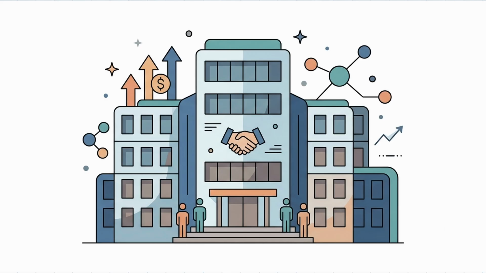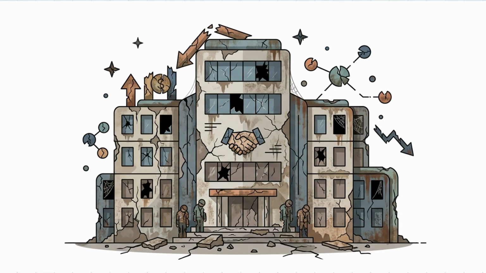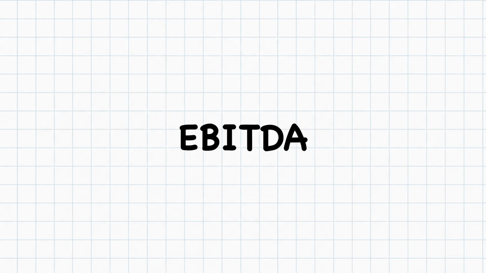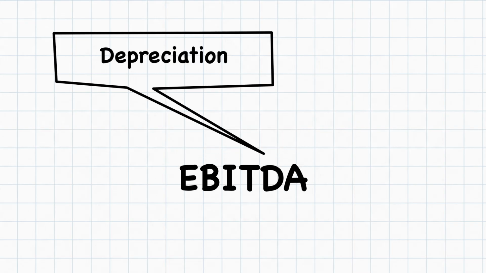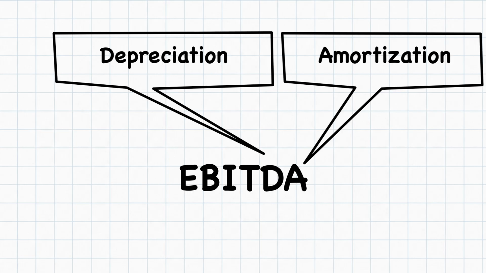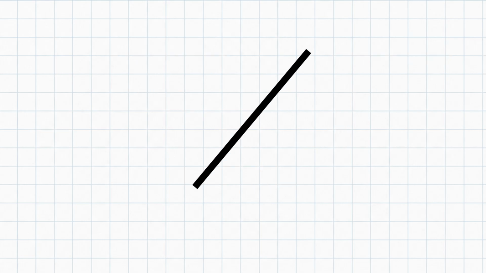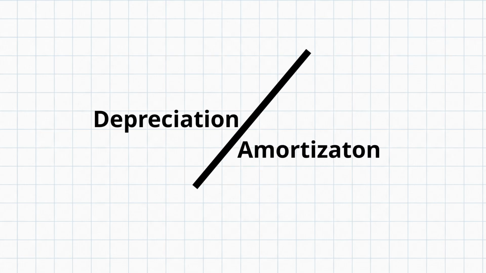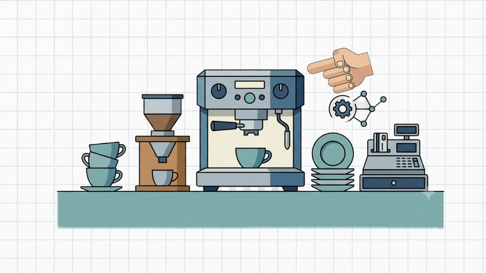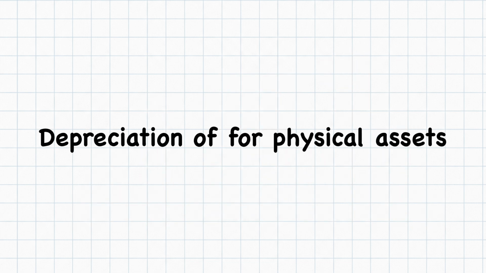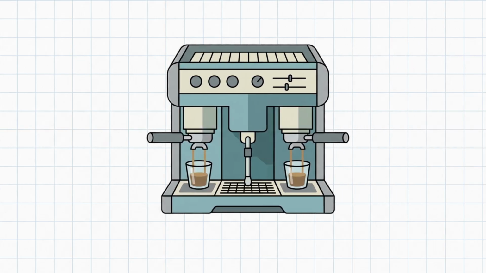But we aren't done. While EBITDA is great, it ignores the fact that your assets are slowly losing their value over time. This brings us to the D&A in EBITDA, depreciation and amortization. What is the difference? It all comes down to what you can actually touch. Depreciation applies to physical, tangible assets. You bought a $15,000 commercial espresso machine to open this shop.